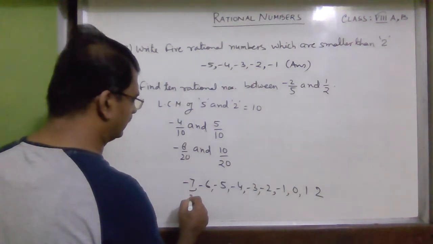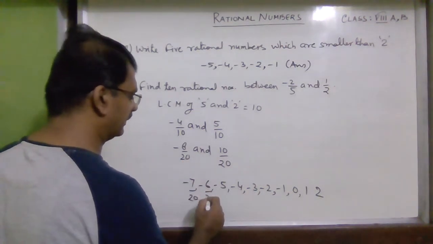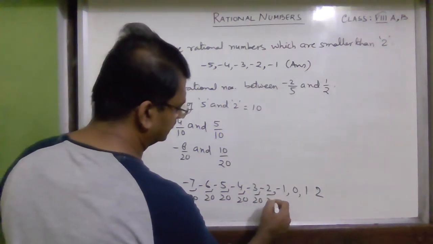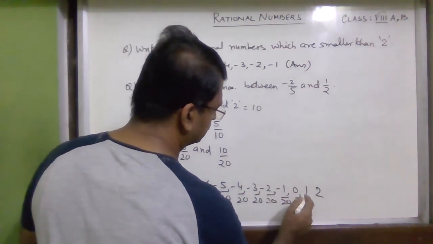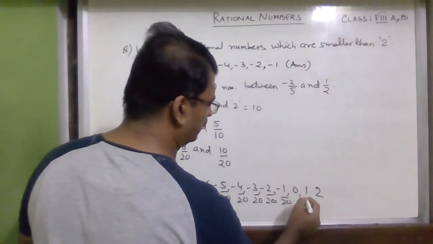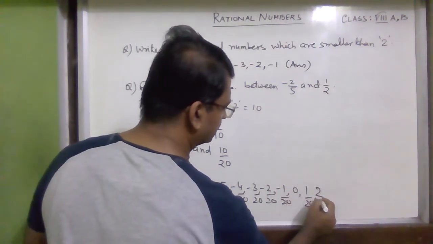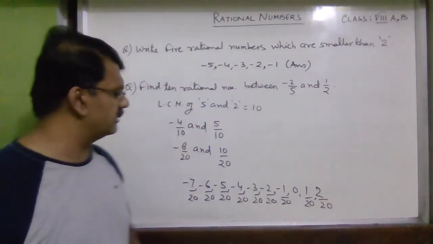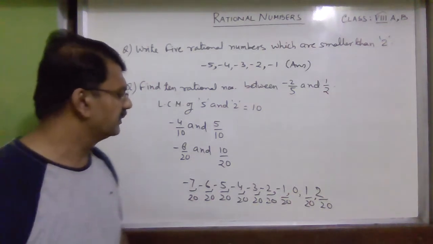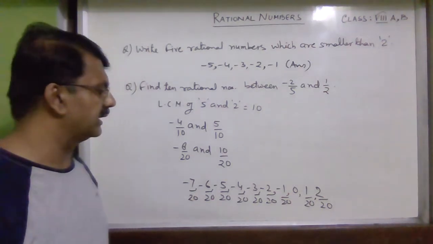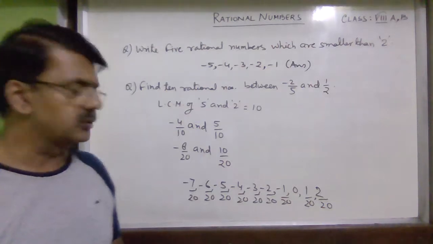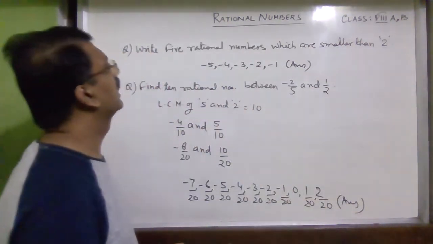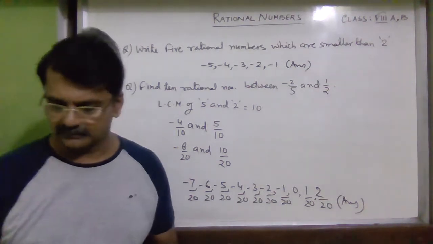Now divide each number by 20, because in the denominator we are having 20 here. 0 upon everything is 0, so you don't have to write it. So you can see the numbers are minus 7 by 20, minus 6 by 20, minus 5 by 20, minus 4 by 20, minus 3 by 20, minus 2 by 20, minus 1 by 20, 0, 1 by 20, and 2 by 20. That is your answer. Clear?